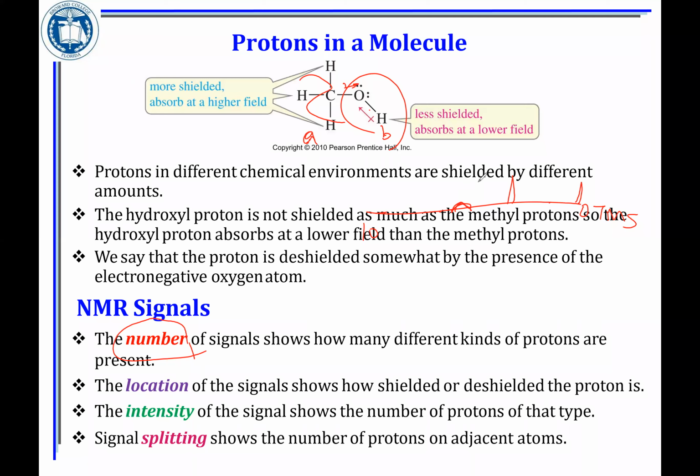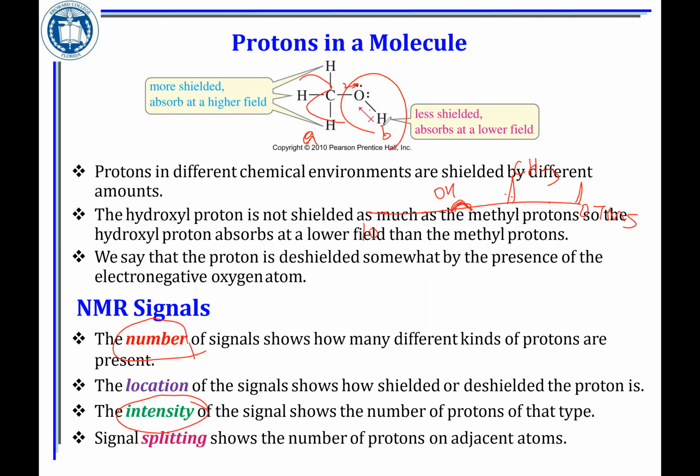Because the height of the peak in NMR is the intensity, and the height of the peak correlates directly with the number of hydrogens of that type. So we have the OH here, and the other one is a CH3. So we get 2 signals.